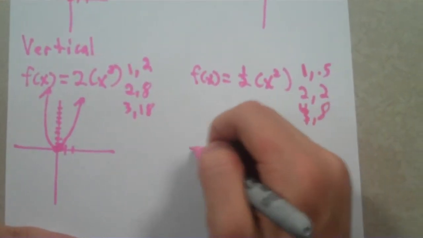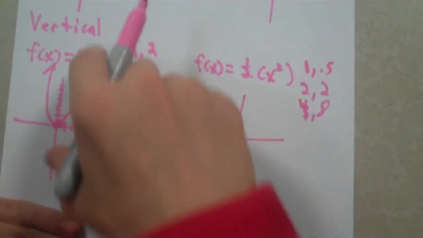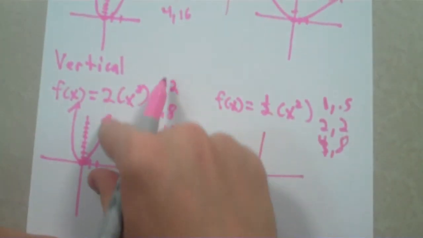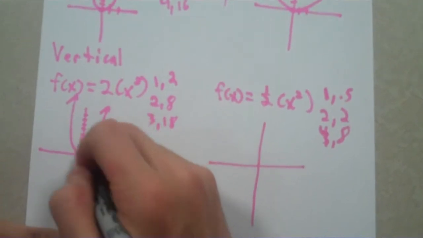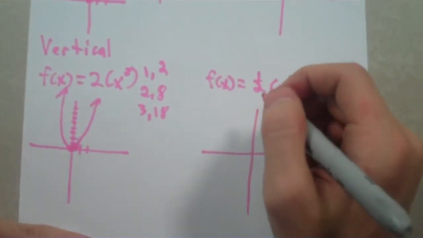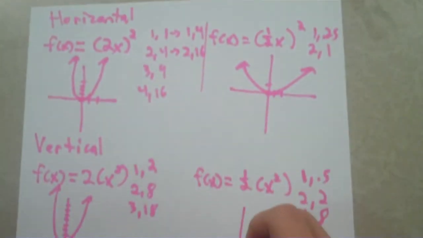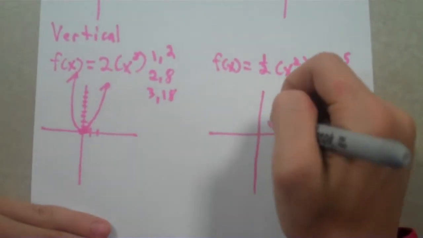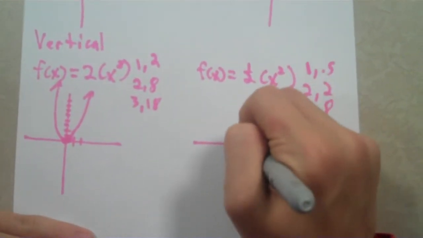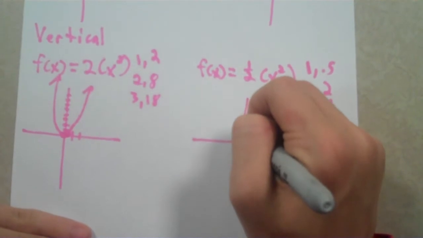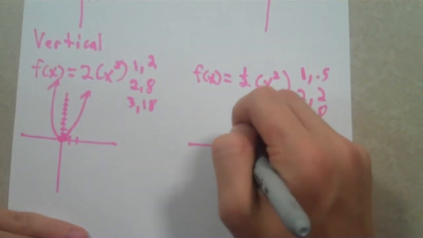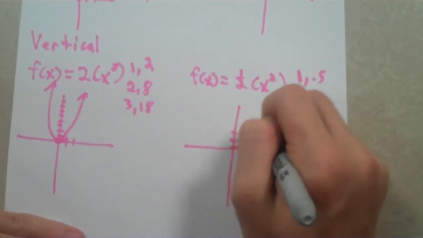Now for this function, we're going to be bringing this downwards. So this point comes here, and it ends up looking much more broad, just like as if we were to do a horizontal. So it begins to look like this.